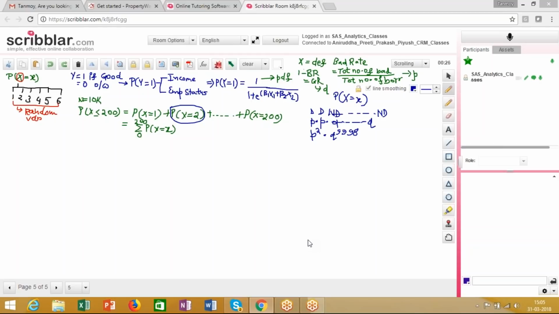If I need to select two successes from a trial of 1,000, how will I do that? I will use the combination function, that is 1000C2 into p squared into q to the power of 998.